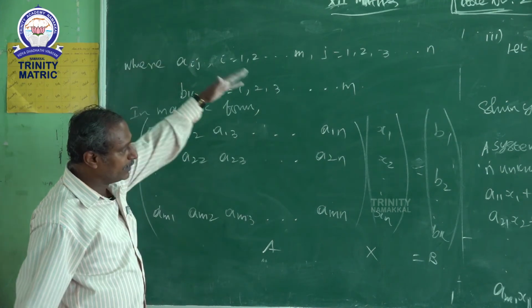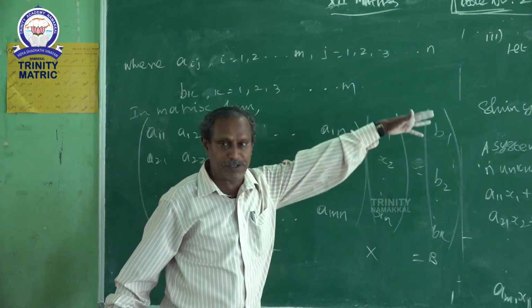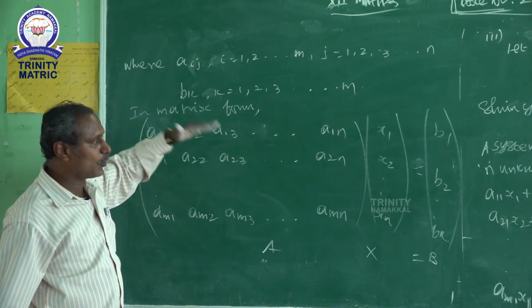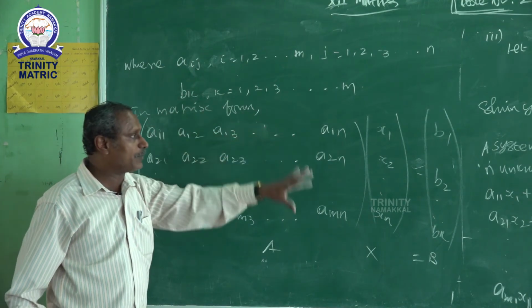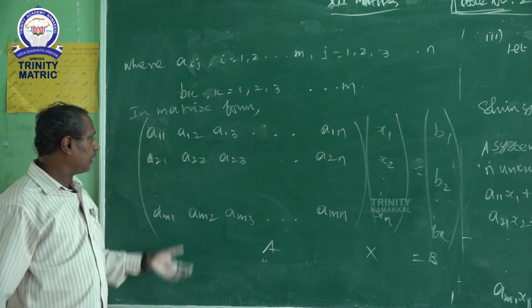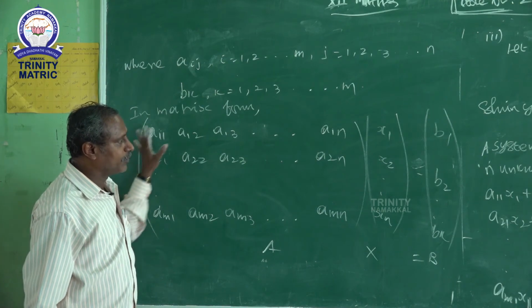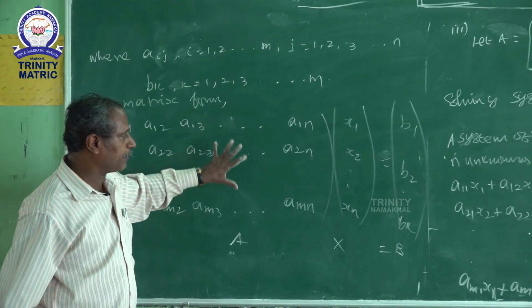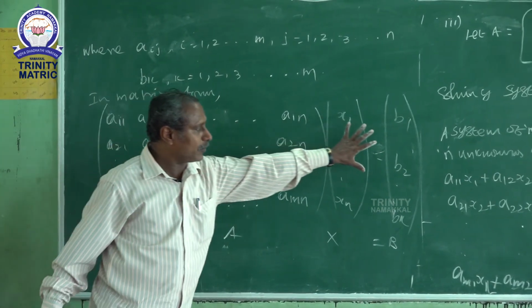Then whatever system of linear equations is given, we are going to convert it into matrix form. That means we take the coefficients of the unknowns and write them in a separate matrix, and the constants separately.